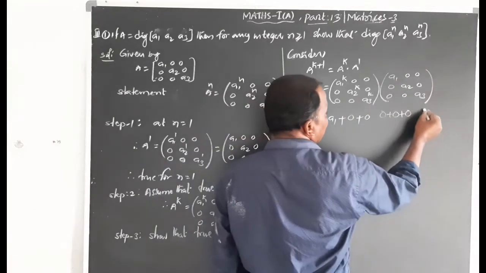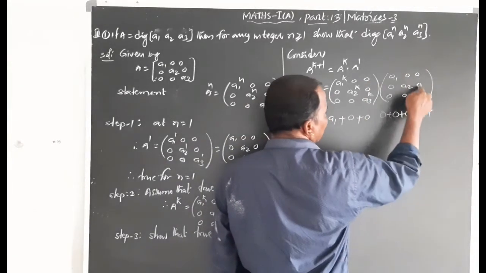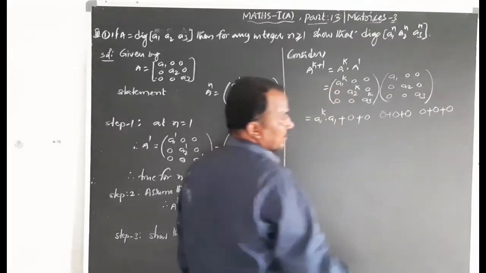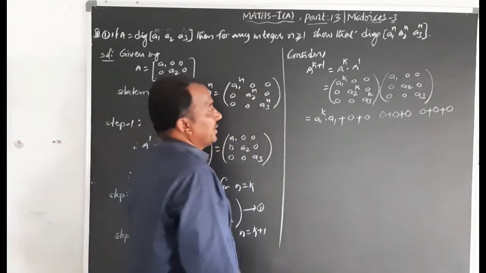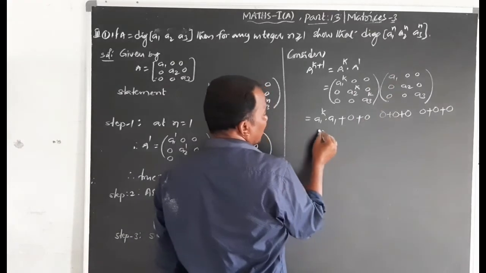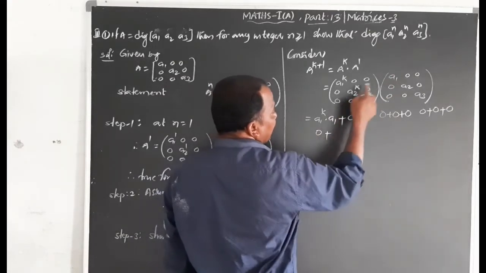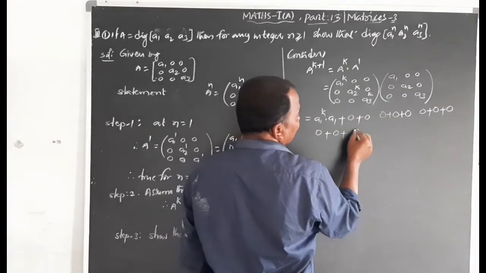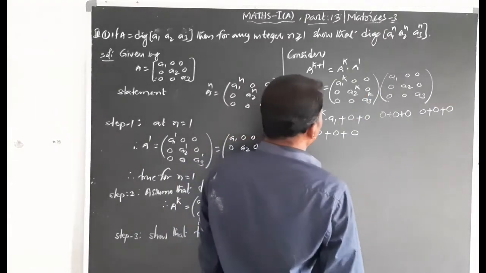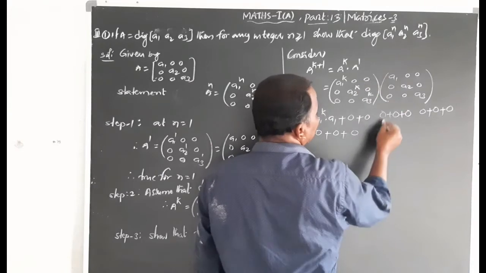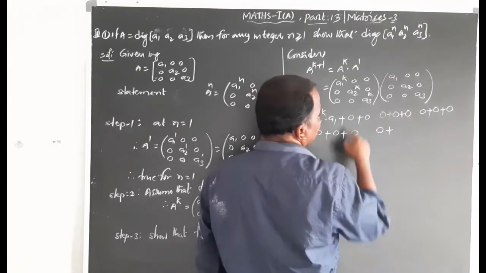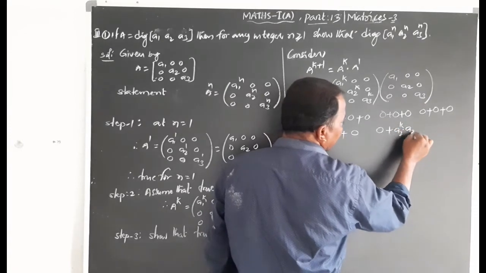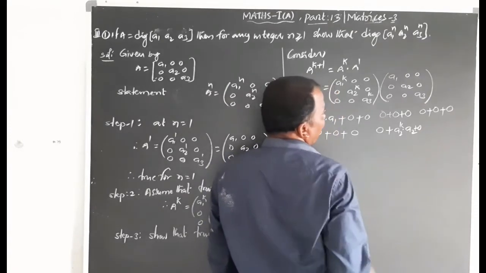Second row, first column: 0 plus A2 power k into A2 plus 0.